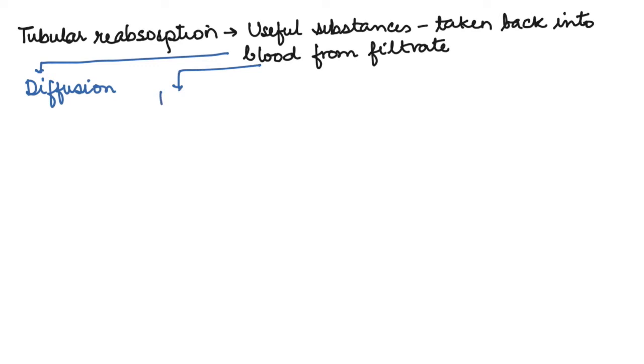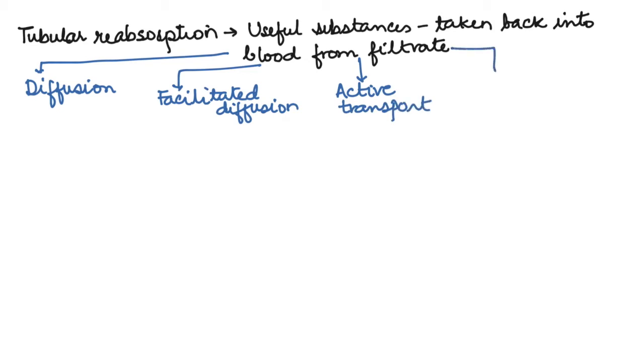So the first process by which it happens is diffusion. It also happens by facilitated diffusion. Some of the substances need to be taken by active transport, and this also is in the way of co-transport. Other than that, osmosis is also a process by which certain substances are taken into the blood.